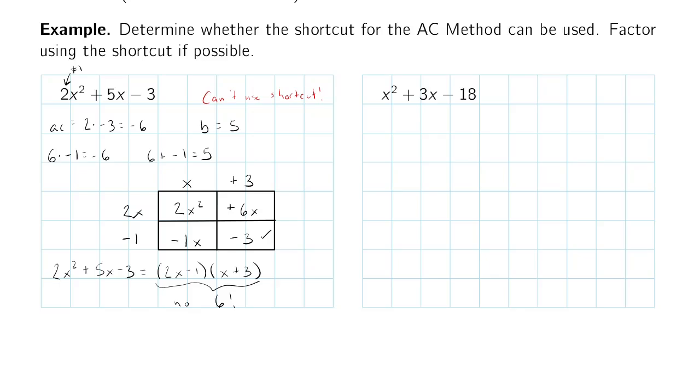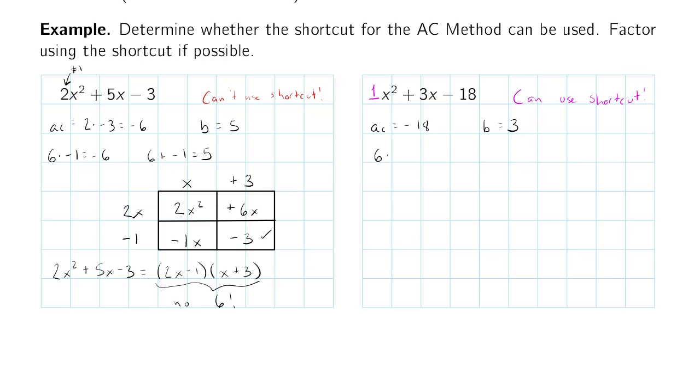On the other hand, in this example, I have just one x squared, so I can use the shortcut. I still need to at least think that my AC is negative 18 and my B is 3. So I need two numbers that multiply to negative 18 and add up to positive 3.